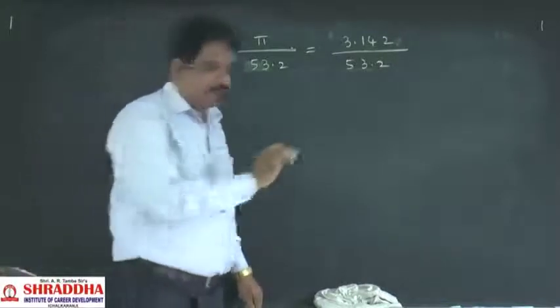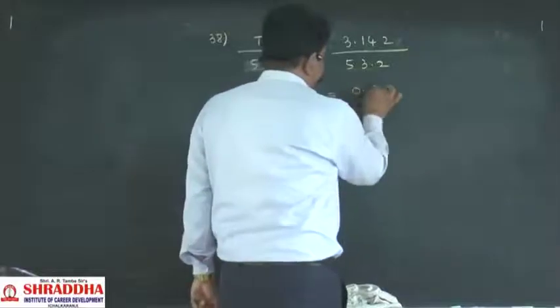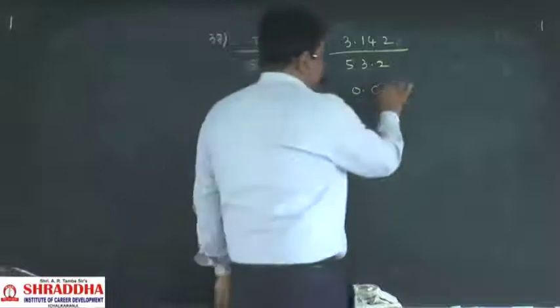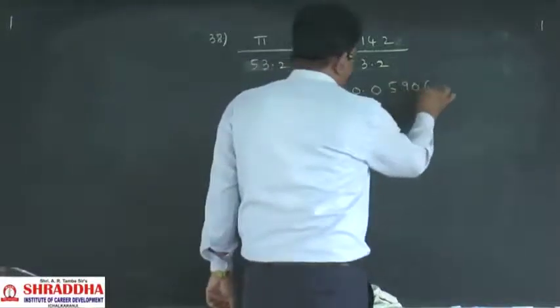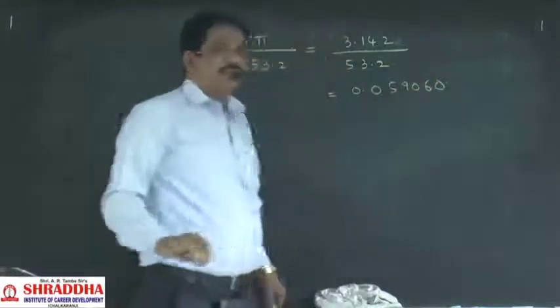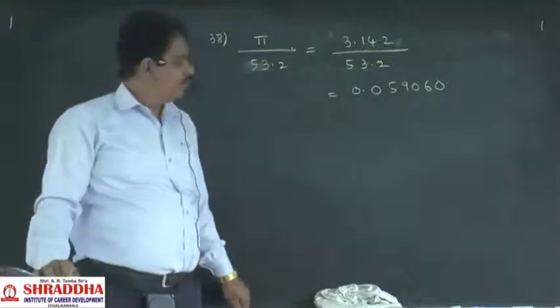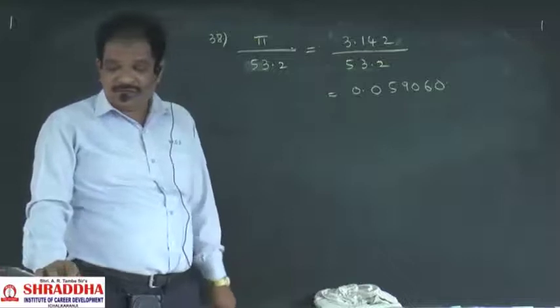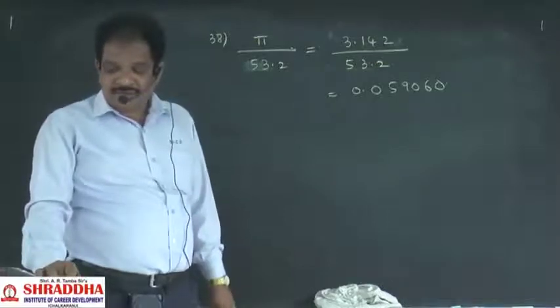So this value will be 0.05960 if we calculate this. The final answer will have how many significant figures? 3 significant figures.